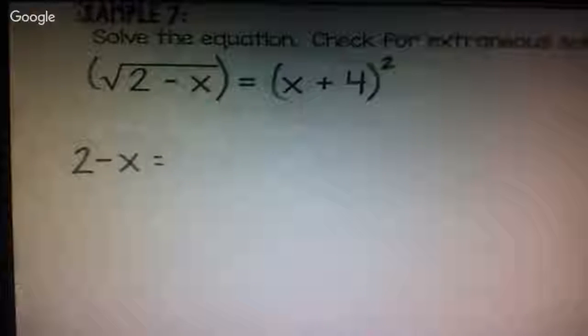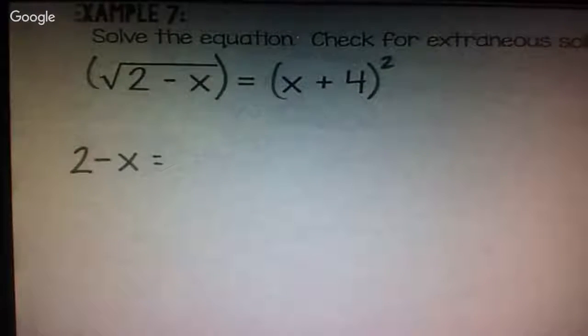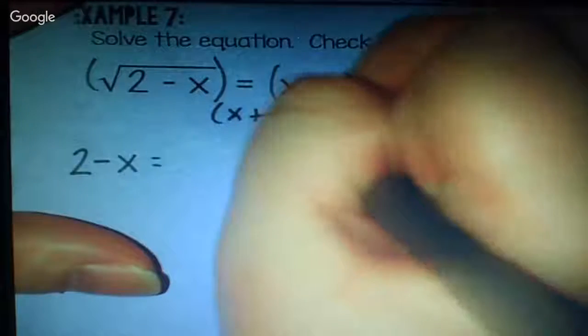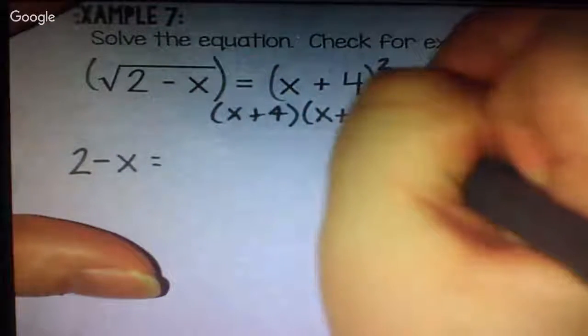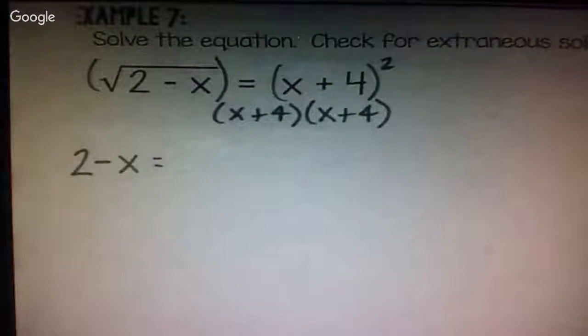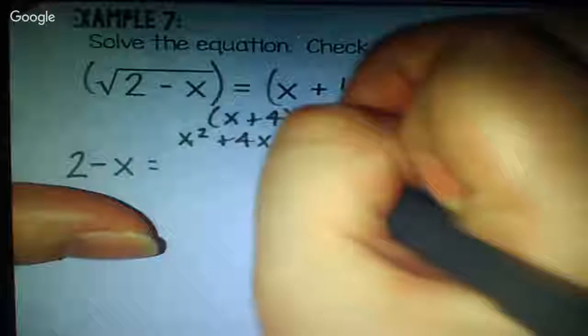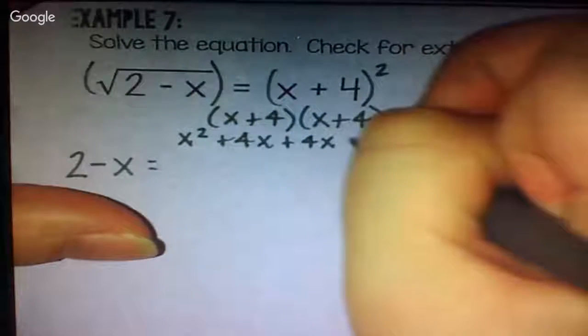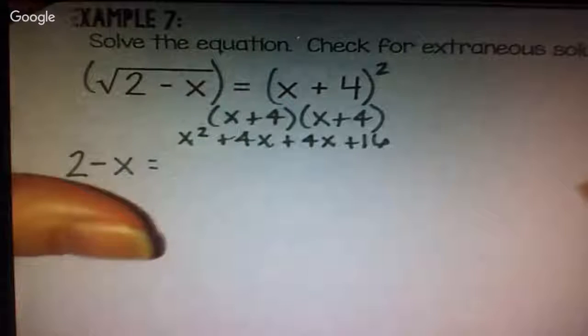So when I square the right-hand side this time, I'm squaring a binomial, not just a number or a variable. So in order to square this, this is x plus 4 times x plus 4. I have to FOIL. So it becomes x squared plus 4x plus another 4x plus 16.